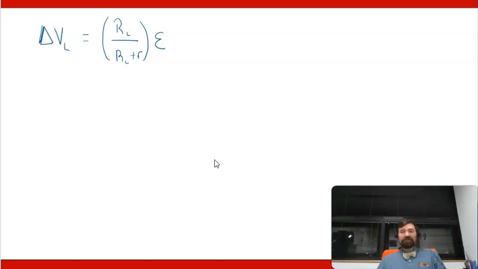Well, if I increase from a load resistance of 1 ohm to 2 ohms for a 10 ohm internal resistance, then my terminal voltage goes from 1 over 1 plus 10, so 1/11 of epsilon, to 2 over 2 plus 10, 2/12, 1/6, roughly, though not quite, double what I had before.